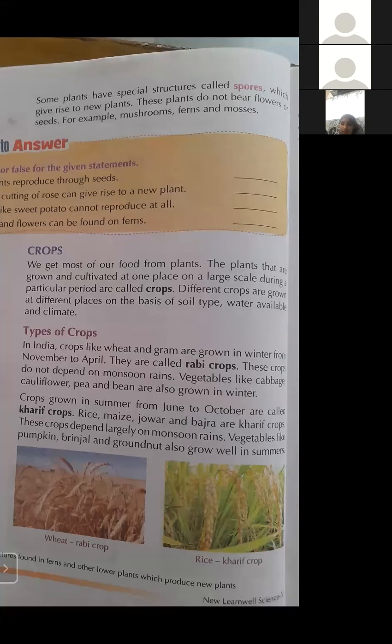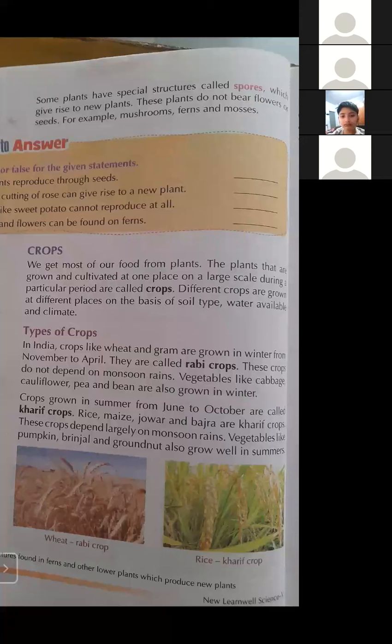These are winter crops. The crops grown in summer from June to October are called kharif crops. Like rice, maize, jowar, bajra are kharif crops. So the season for these crops is from June.